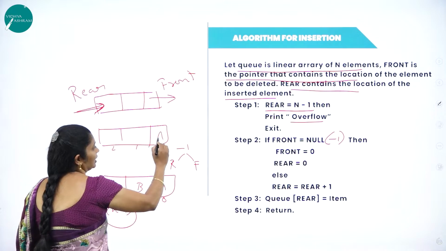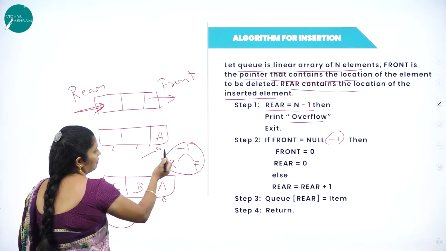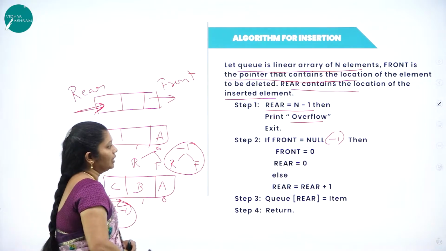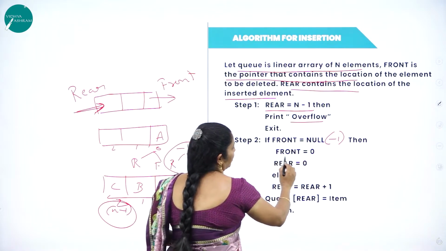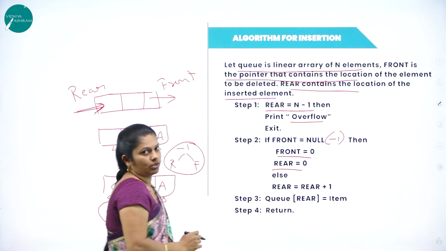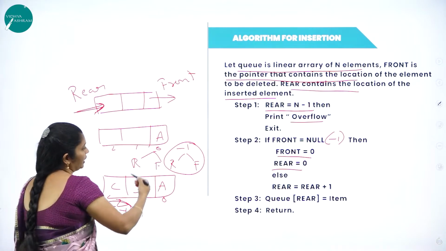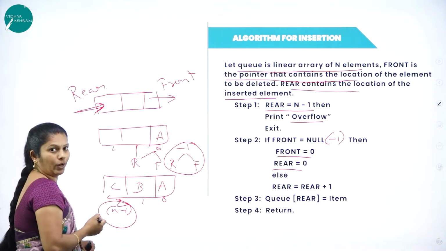Here we insert. When I insert the element, this minus 1 is replaced by 0. This represents rear and 0 represents front. That's why if front equals null or minus 1, then front is 0 and rear is also 0. Otherwise, consider we have only one element. If I want to insert, in the next case the rear position will increase by 1.